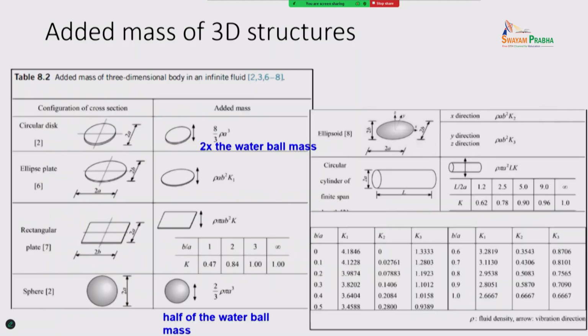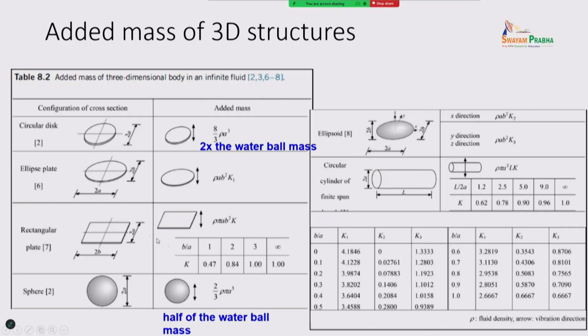Now you have a ball. What if you have a disc? You move the disc up and down, and you also see here that the ball is half of the mass. Compared with that, the added mass of this disc is much larger, it's 2 times. You have a square shape and you have a different mass.